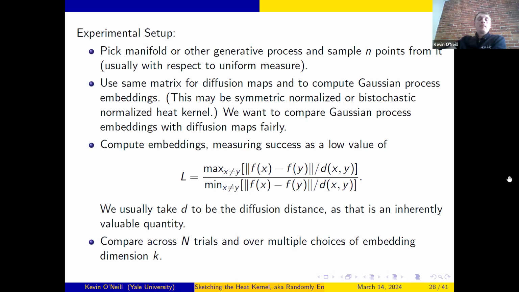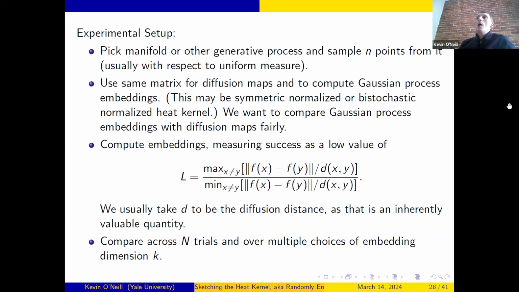So how does that work? We have some data set. We're going to pick a manifold or some other generative process. We're going to sample n points. We're going to construct this symmetric matrix to work with. And then we're going to compute both embeddings. That's not too hard.